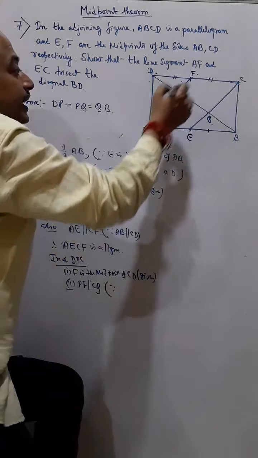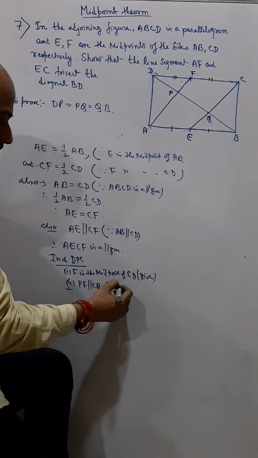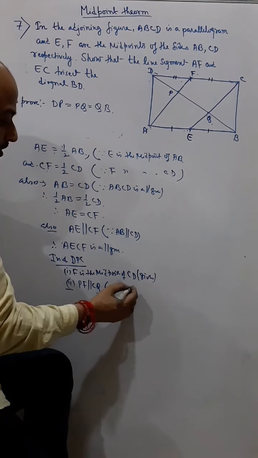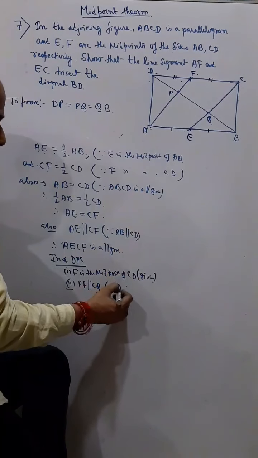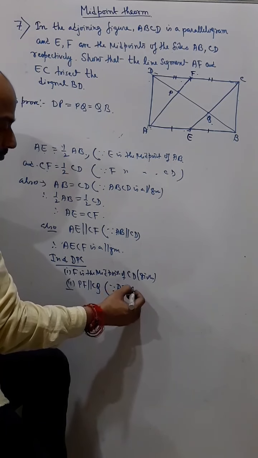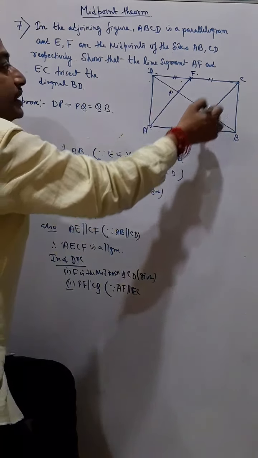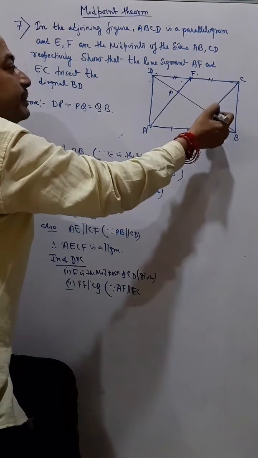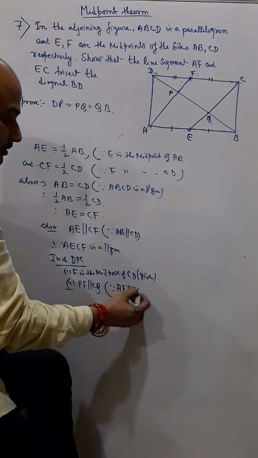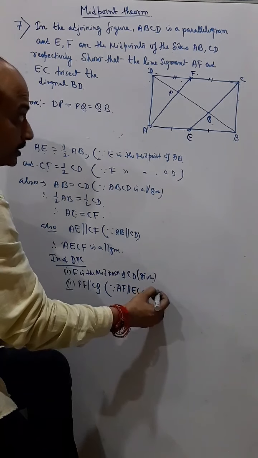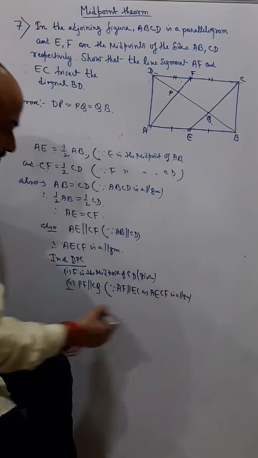Since AFCE is a parallelogram, means since AF is parallel to EC. Understand? Because if AF is parallel to EC, then PF will be parallel to CQ. So AF is parallel to EC as AECF is a parallelogram, right?